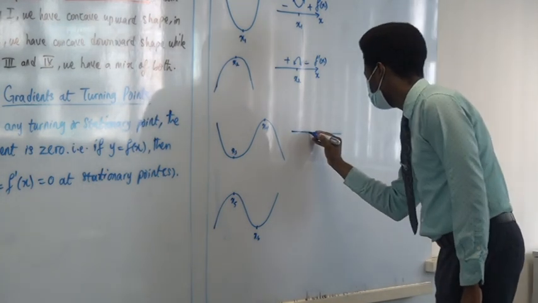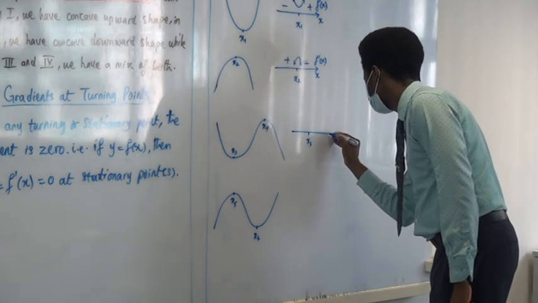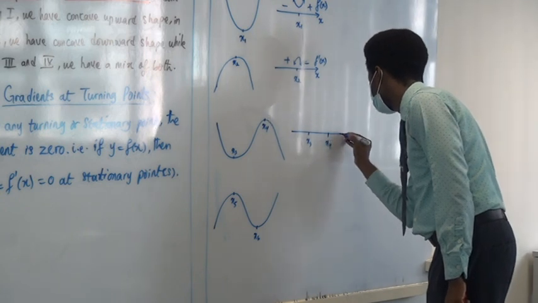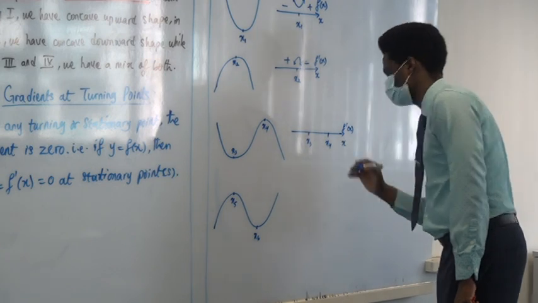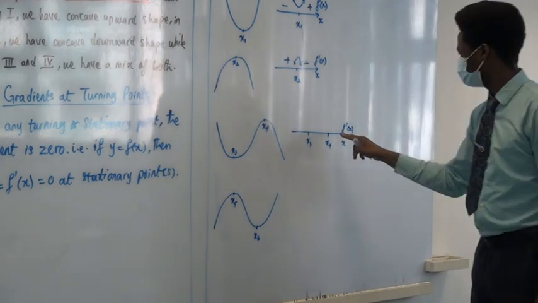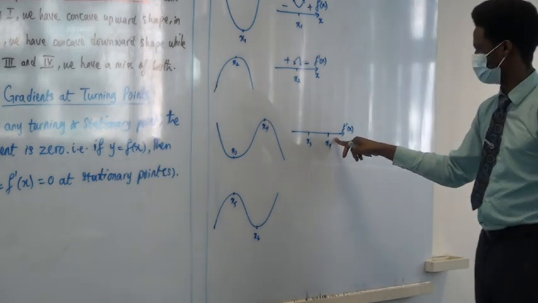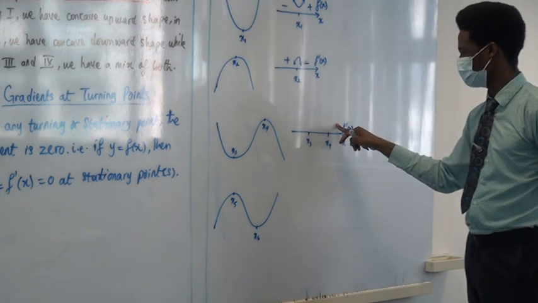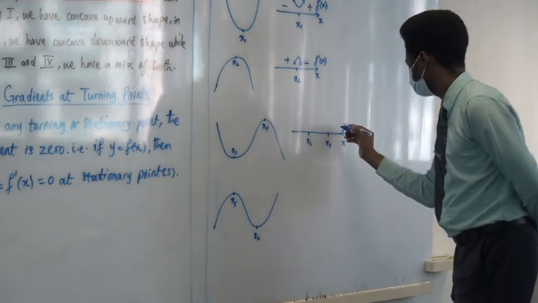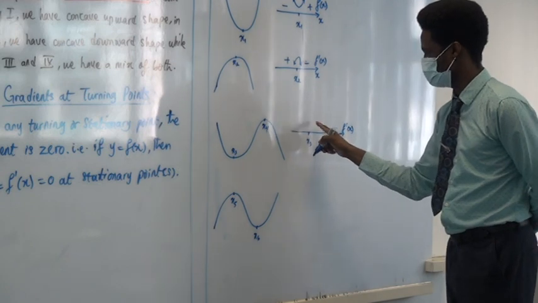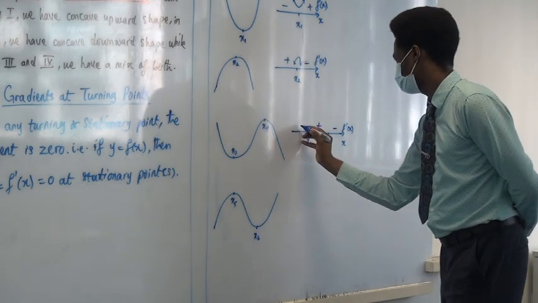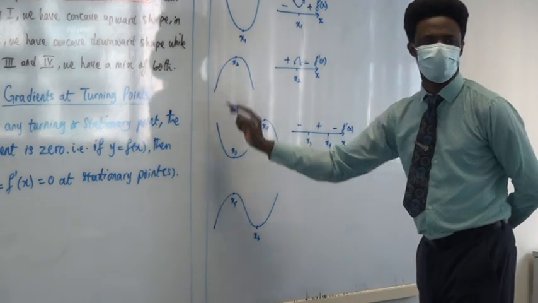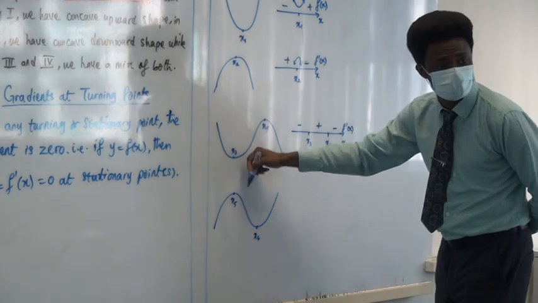There will be some x3 and some x4. We are talking about the sign of the first derivative. Here, what is the sign? Negative, and here positive, in between it's positive, and here negative. Look at it, it's coming down.